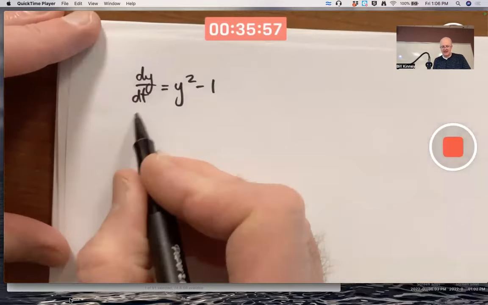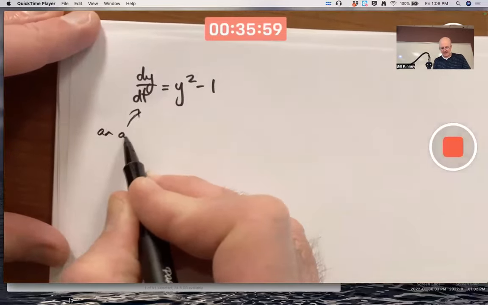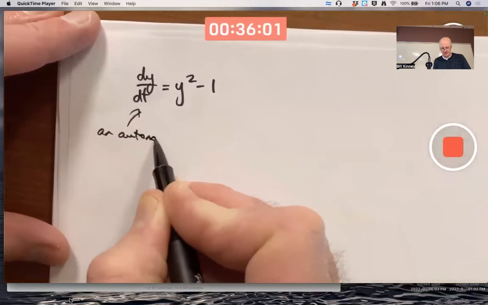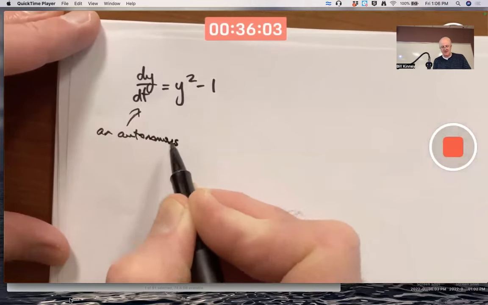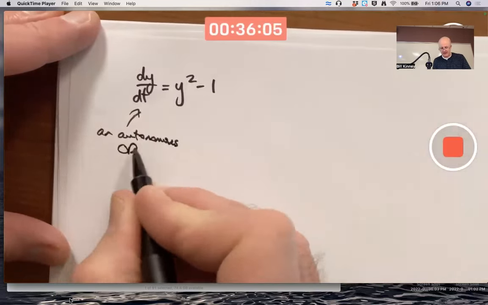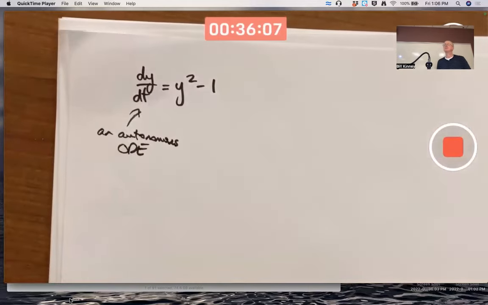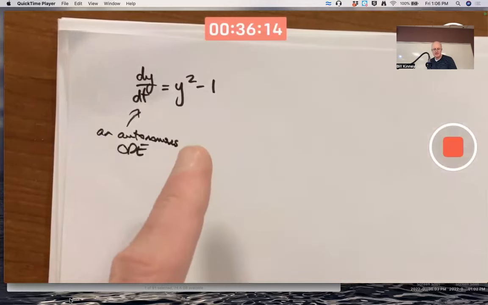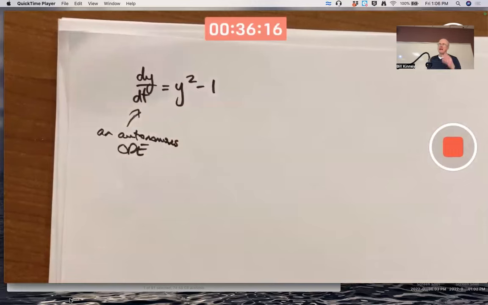It's called an autonomous differential equation, or ODE. ODE again stands for ordinary differential equation. What does that mean? It means the right-hand side function is independent of time.